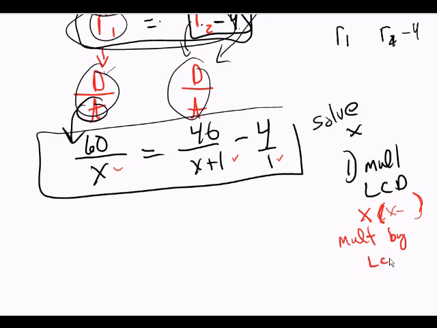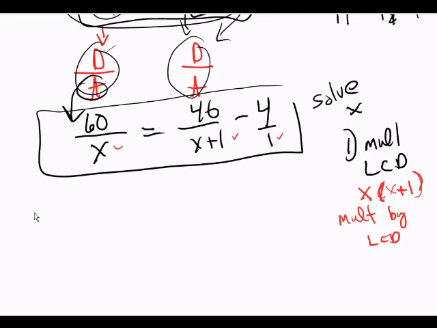To clear fractions, you multiply by the LCD. Watch what happens when I multiply by the LCD. I'm going to rewrite this.